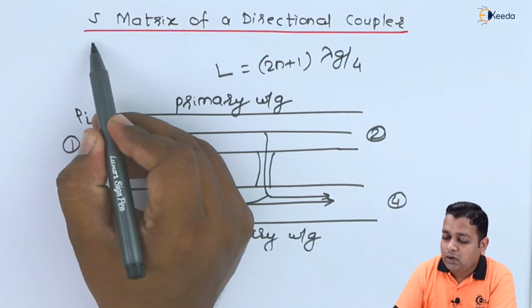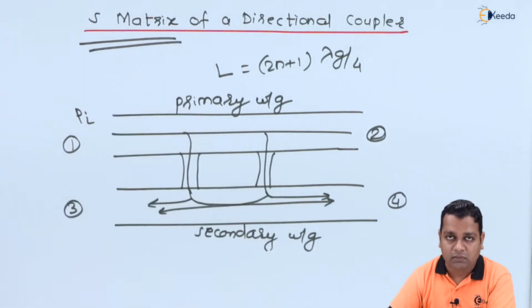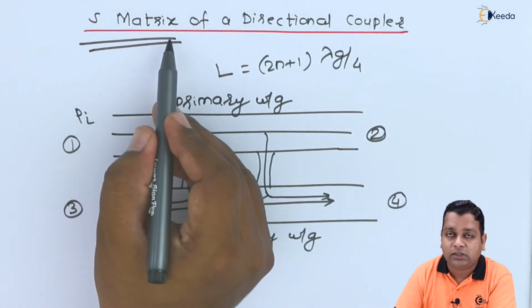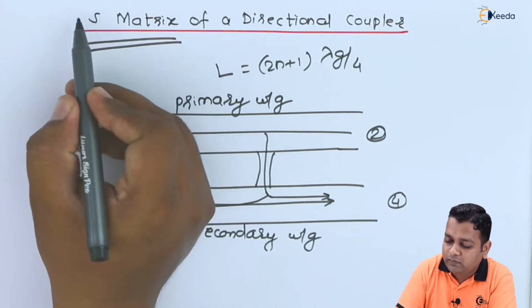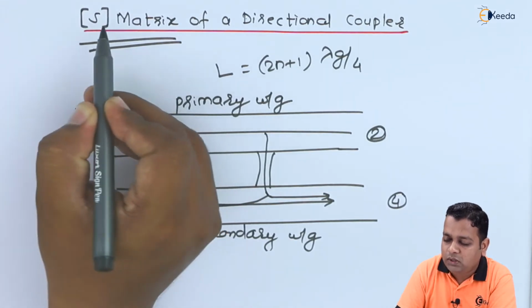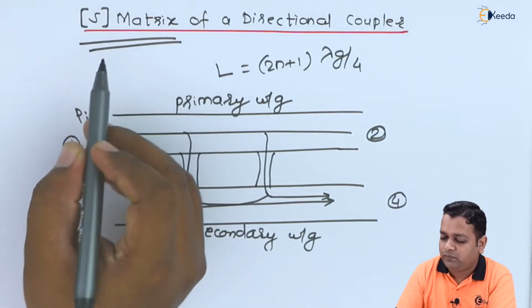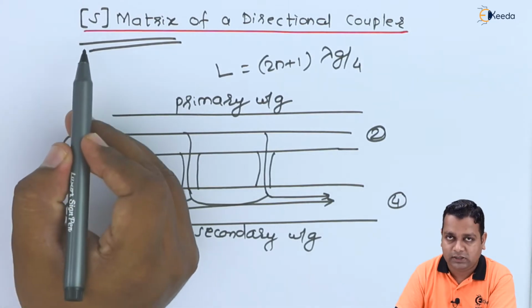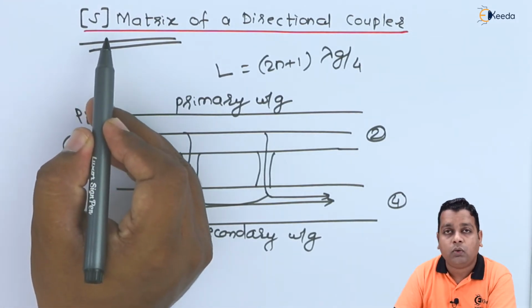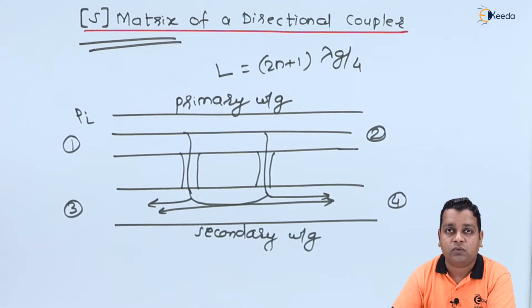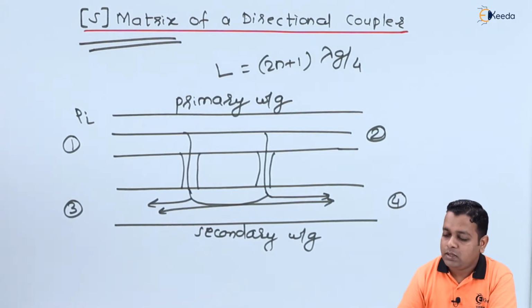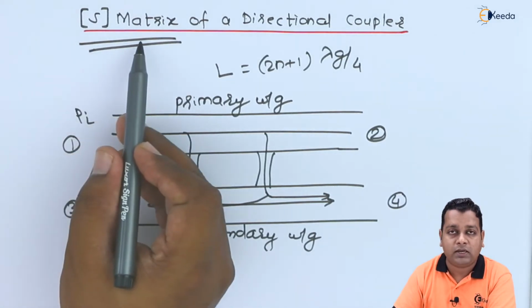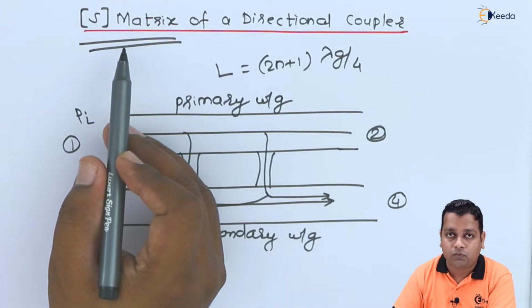Now let us derive the scattering matrix. The scattering matrix is generally represented by the S matrix, shown with two square brackets and a capital S inside. We need the order of the matrix, meaning how many rows and columns there are, and this depends on the number of ports.